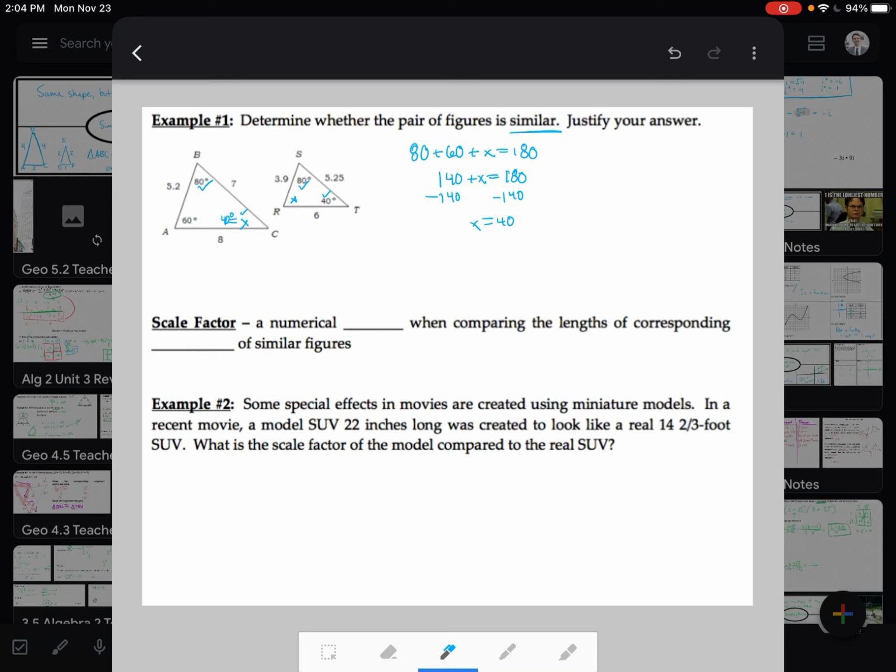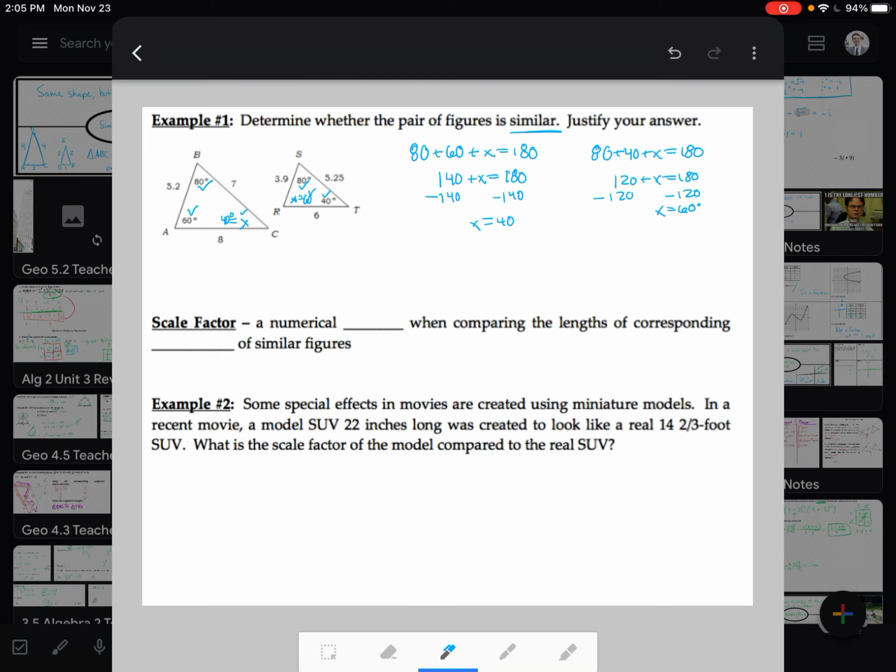So if they have two angles that are the same, let's just double check here for that last one. 80 plus 40 plus x equals 180. 120 plus x equals 180. Subtract 120 from both sides, and x equals 60. So it looks like we're in good shape. All three angles are the same.